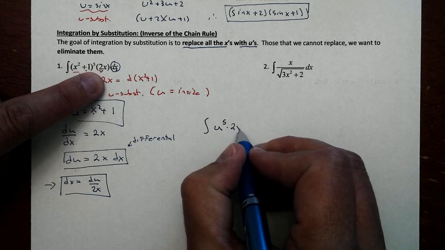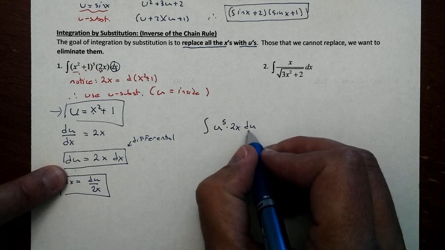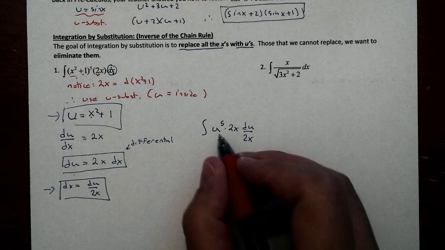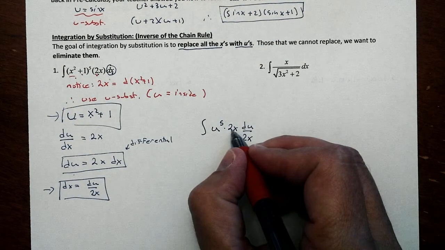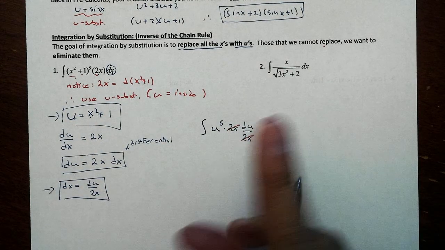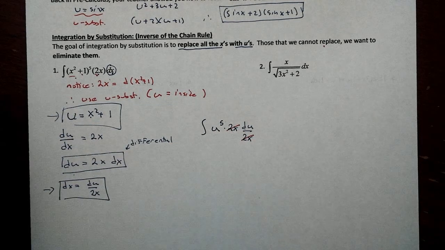Well, it's 2x, but the dx, I could write that as du over 2x. And if you notice, I replaced all my x's, and the 2x could not be replaced, but it will be eliminated. And that's why we always want to find the derivative, because it'll always cancel out.